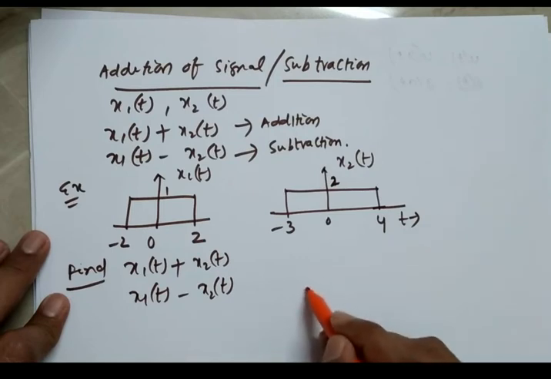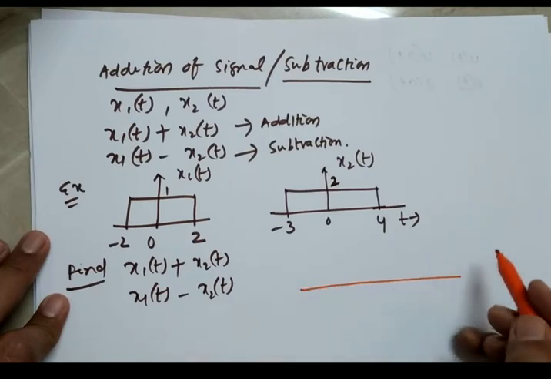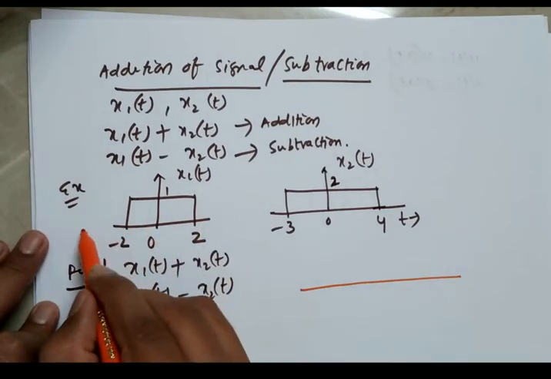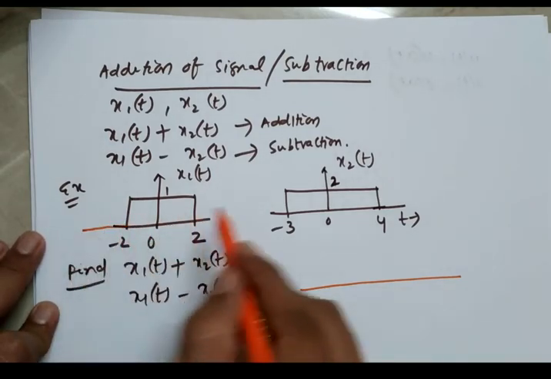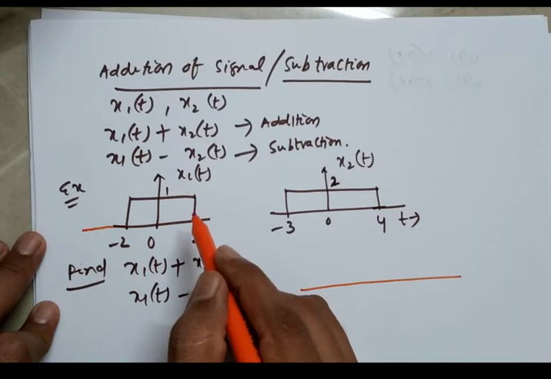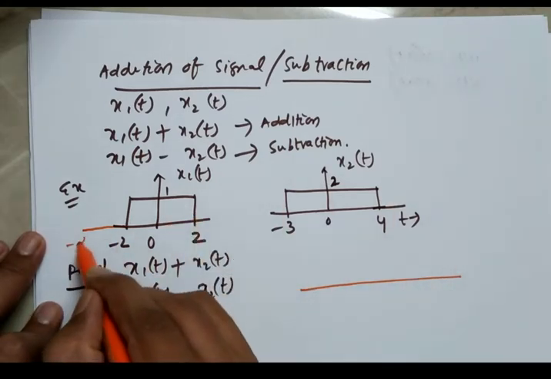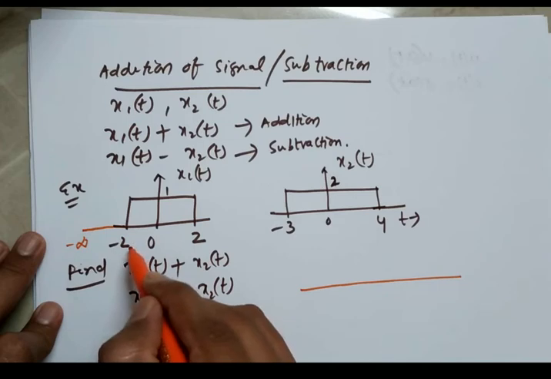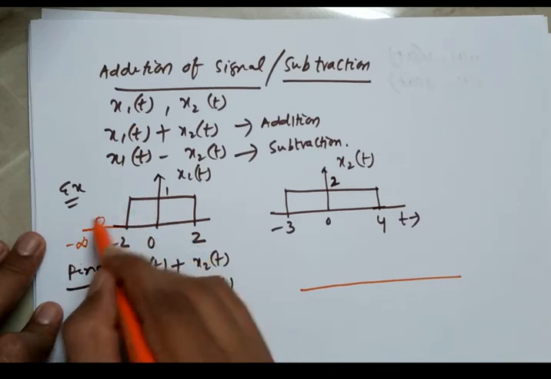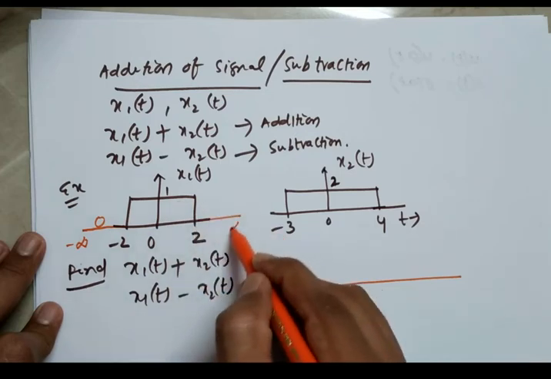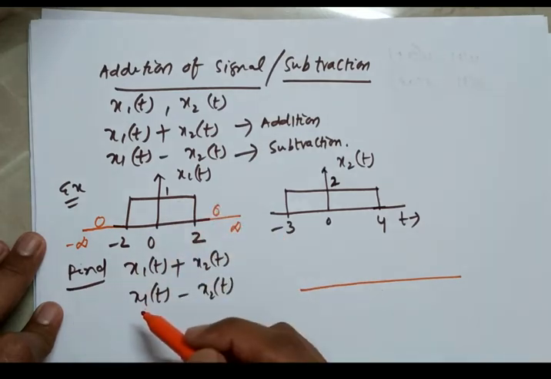See, now for x1(t) plus x2(t), I will start from here. If you see x1(t), from minus infinity to minus 2 the value is 0, from minus 2 to plus 2 the value is 1, and again from 2 to infinity it is 0.